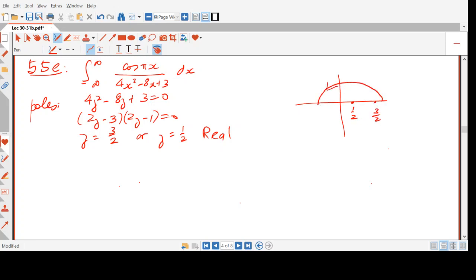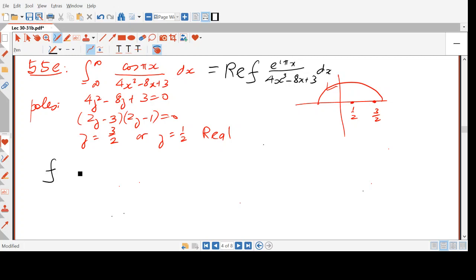Contour again of that type. Now you've got to contend with two real poles. So then the technique here is to realize that this integral is actually the real part of the principal value of e to the i pi x over 4x squared minus 8x plus 3 dx.